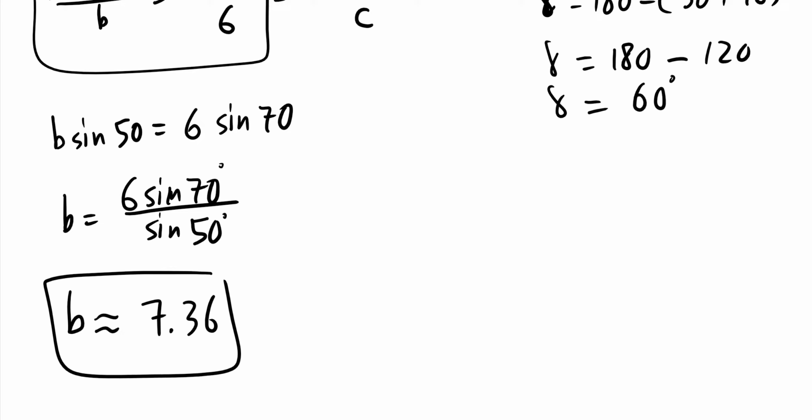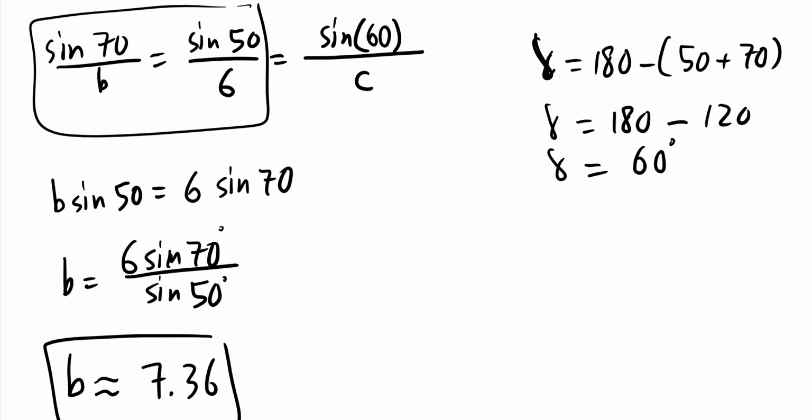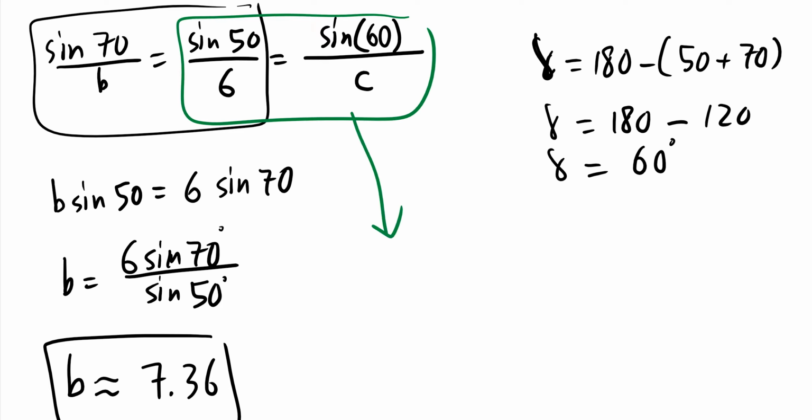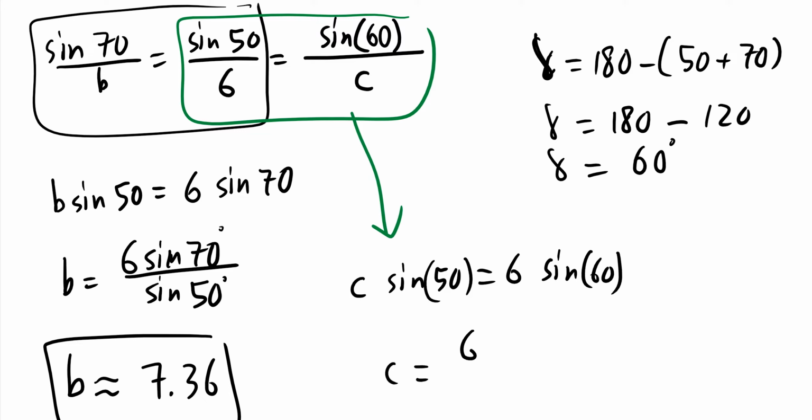If there is any unit of measure given, make sure you use it. Now I take the next part, the last two ratios. Cross multiply: c sine 50 equals 6 sine 60. Whether you put parentheses like this or not is the same. c equals 6 sine 60 degrees divided by sine 50 degrees.